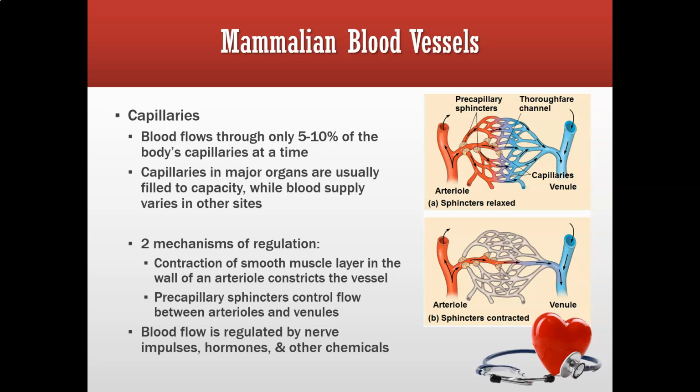So hormones, nerve impulses, other sort of chemicals can all control whether or not those sphincters are open and whether or not we're allowing the perfusion of blood into those capillary beds to feed that major organ or set of tissues at that particular point in time. And it comes back to homeostatic mechanisms, which is a good evolutionary component to this. The fact that we have evolved the ability to shut off blood supply to certain things when I don't need them and be able to reroute that blood when necessary.